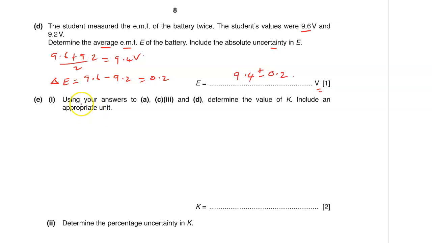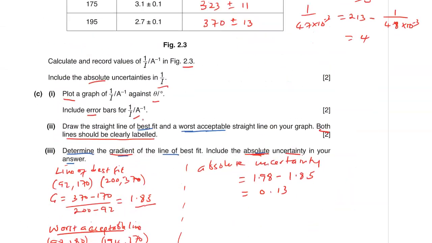Part E, use your answers to A, C part 3, and D, determine the value of K, include appropriate unit. We find that the gradient in A is equal to K upon E. If you've forgotten, I'll take you back there.